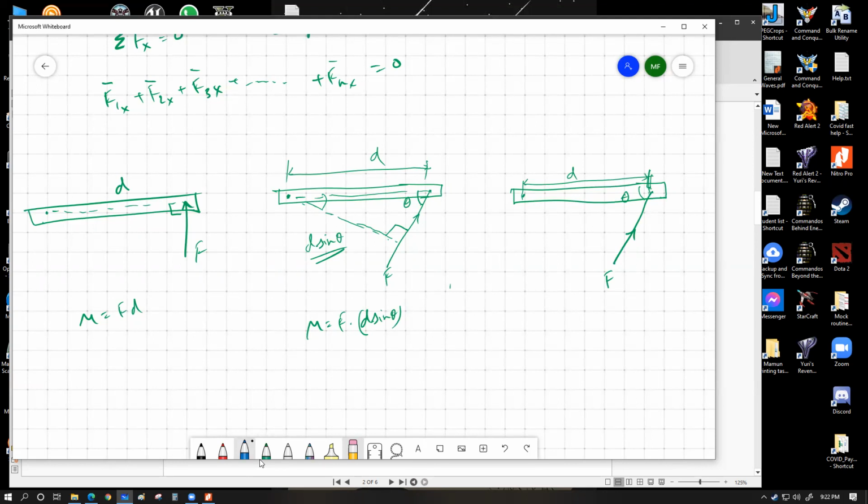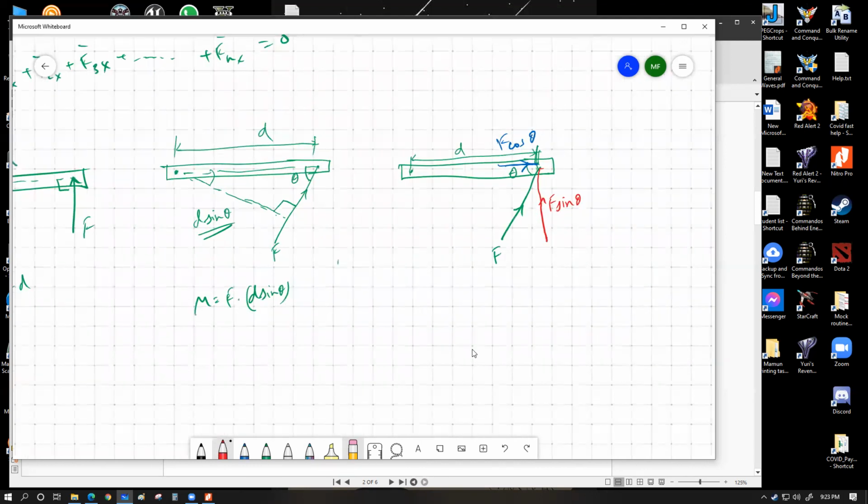For example, this F force was shown in this manner, so I can actually draw up the aligned component like this. Let's say this is our F cos theta component, because this is the adjacent component, and we can have a vertical component that looks somewhat like this, which should be our F sin theta component. For those of you who are having a bit of difficulty to understand how this worked, I can show it to you in a much simpler way.